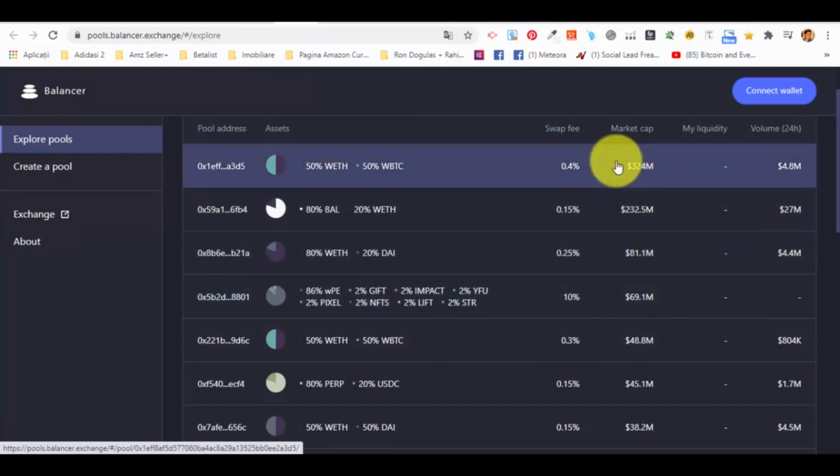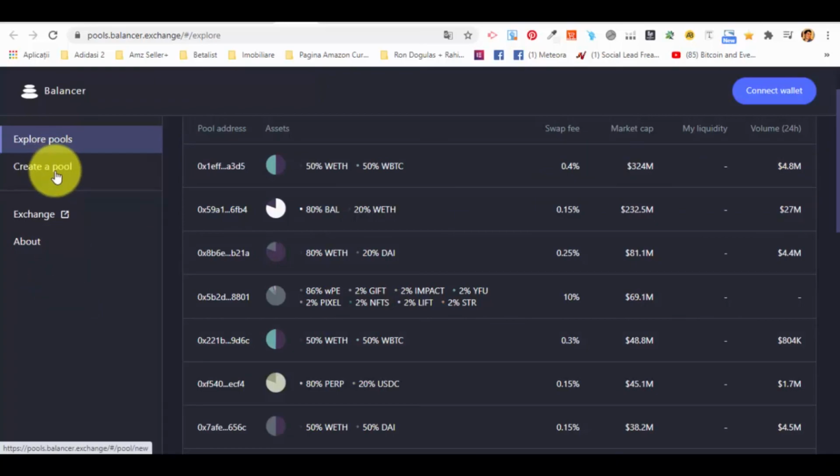In our opinion, the higher all of these indicators, the better. So this is how this works. You can also create your own pool, but this is a little bit more complicated, and you need other things for that as well.